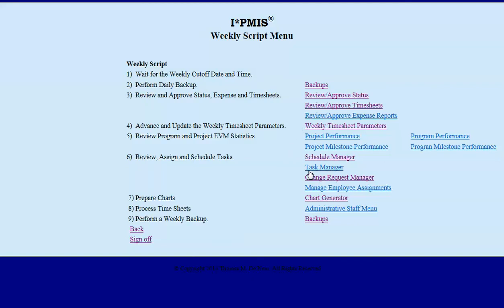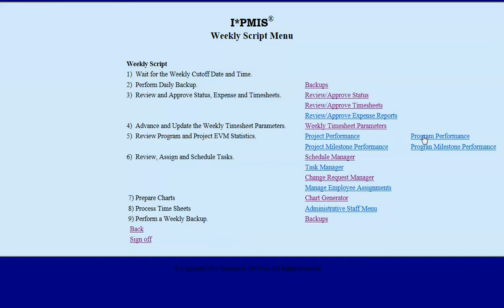You can use the Task Manager, Schedule Manager to iteratively work through what your sprint time frame is going to look like. Debate it with your project team, agree on it, and then you have documentation to firm it up. And obviously you have your charting program to show that.